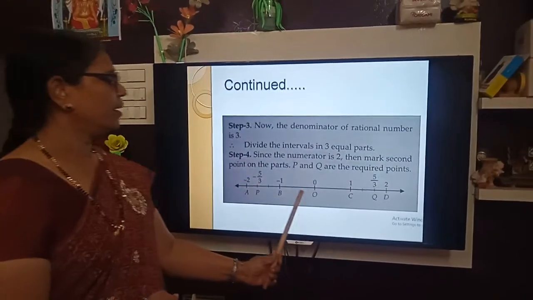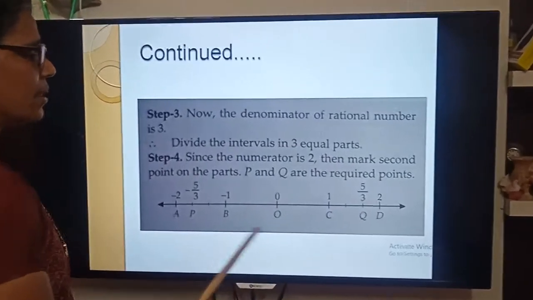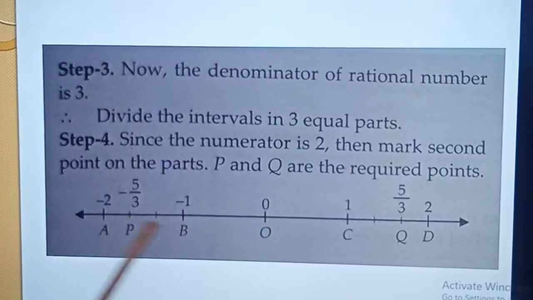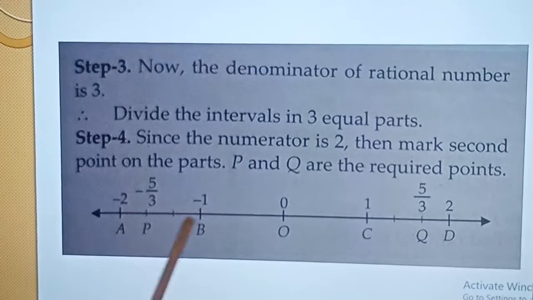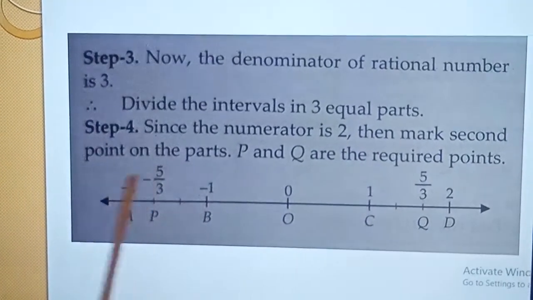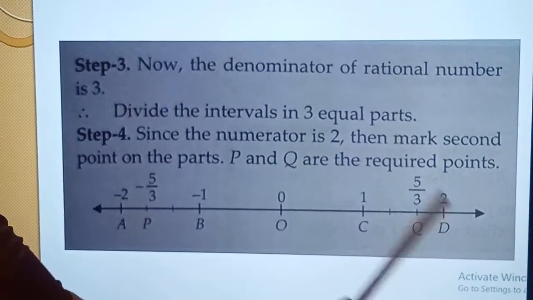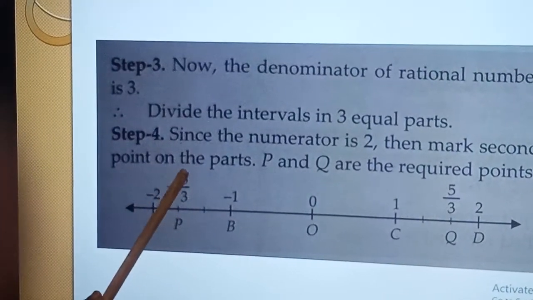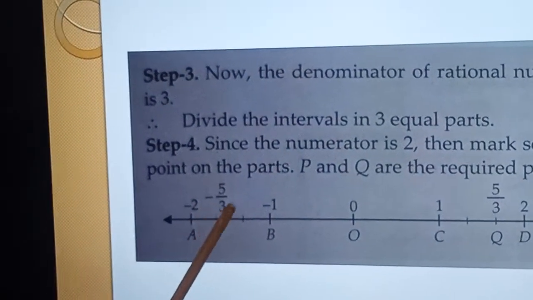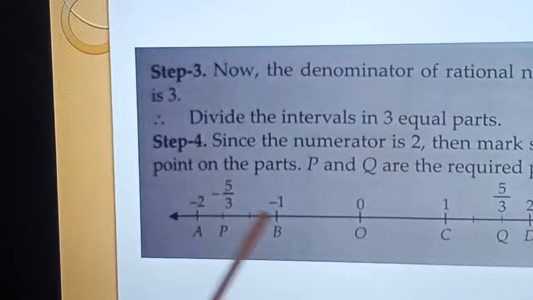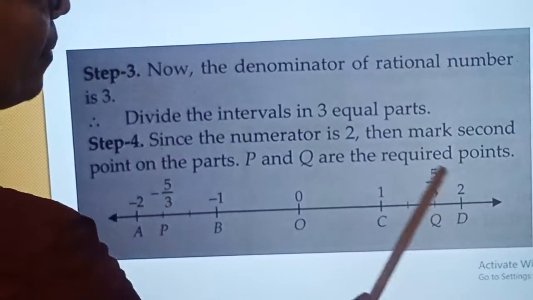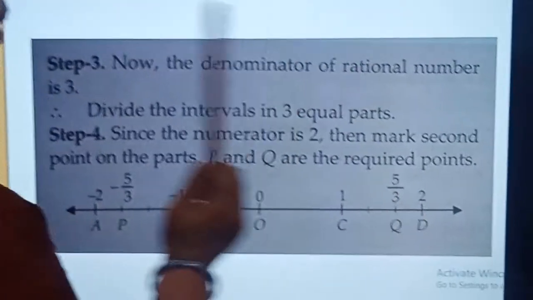You can see here, here it is 0. This is A, B, this is C, this is D. Here are minus 2, minus 1, plus 1, plus 2. This rational number lies between minus 2 and minus 1, and this 5 by 3 lies between 1 and 2.